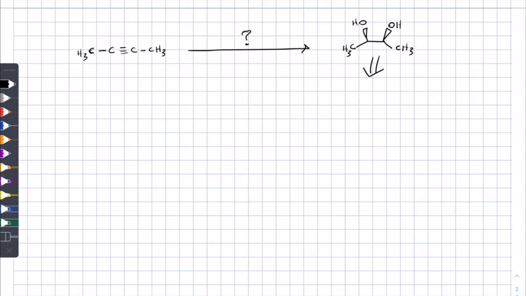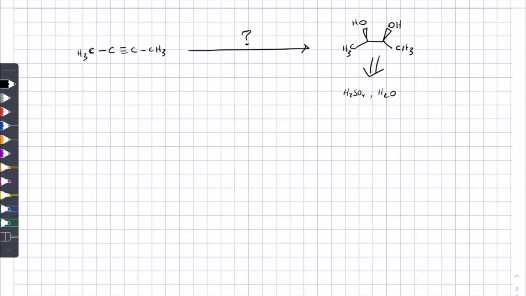Yeah, go ahead. Would it be water and H2SO4? Water and H2SO4, starting with the alkyne, you mean? Not with the, no. Okay. So if you use water and H2SO4, what starting material are you thinking about?